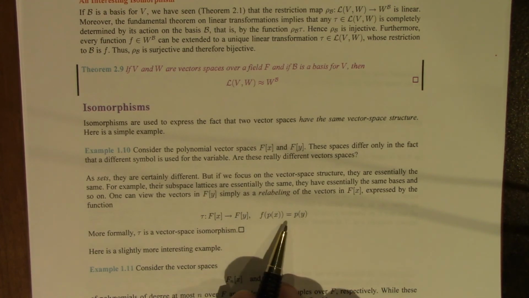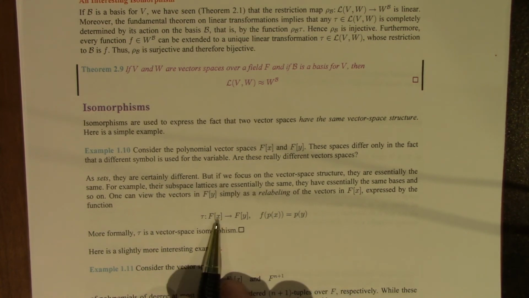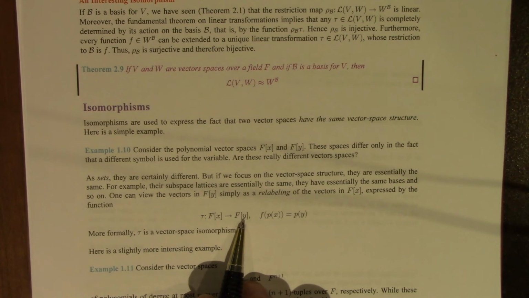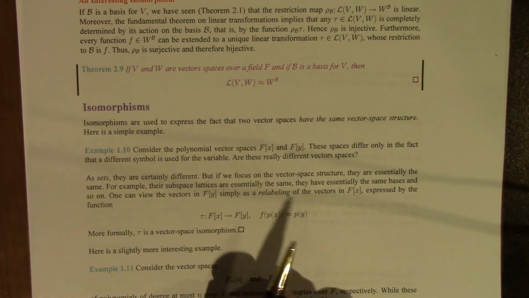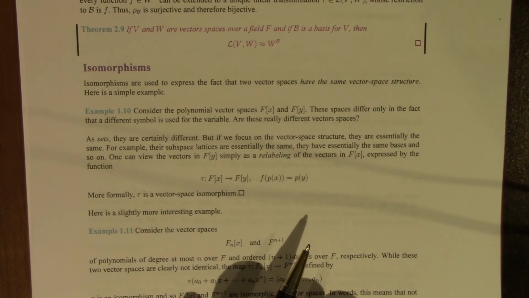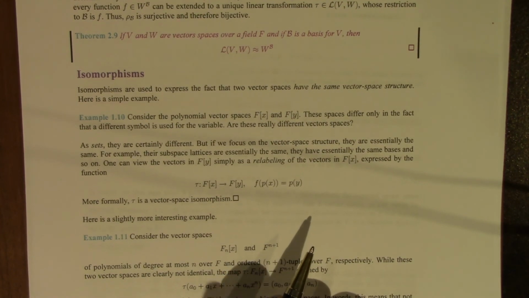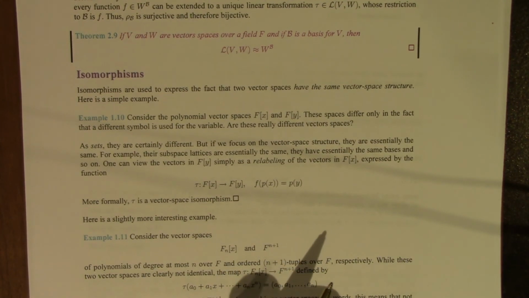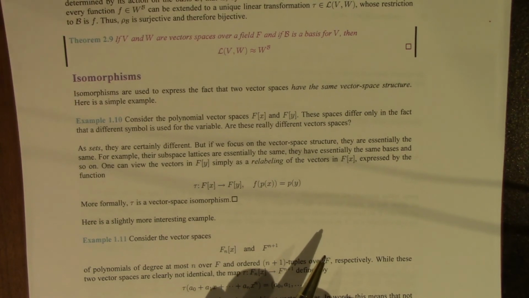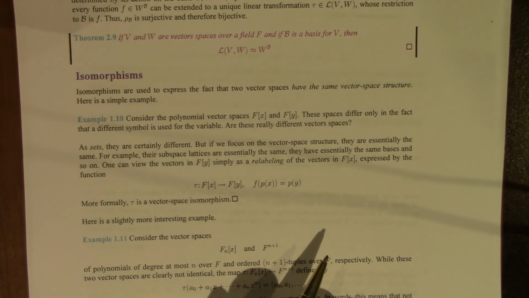This is a vector space isomorphism. These two vector spaces are isomorphic, and from the point of view of linear algebra, they are essentially the same vector space. It would be a little inappropriate to say they're the same vector space because they're not the same set. And so how could they be the same vector space? So that's why I use the word essentially.